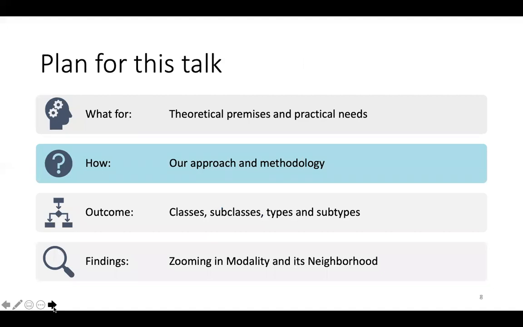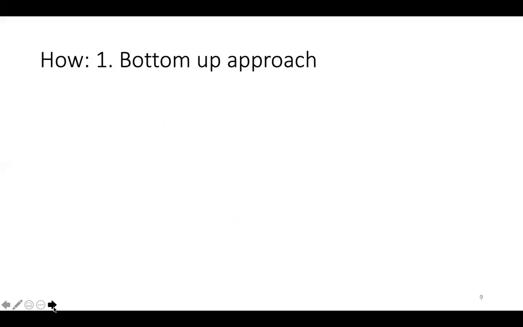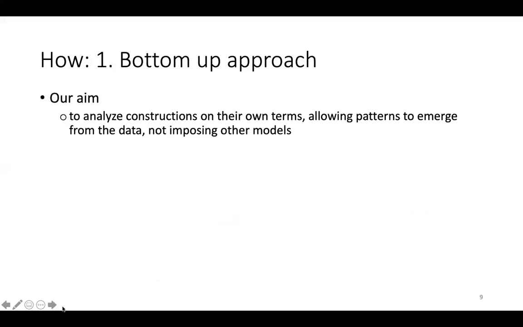So we adopted a bottom-up approach. Our aim has been to collect a maximally inclusive inventory of Russian constructions and analyze them on their own terms, allowing patterns to emerge from the data, not imposing other models, like from English or from frame semantics.